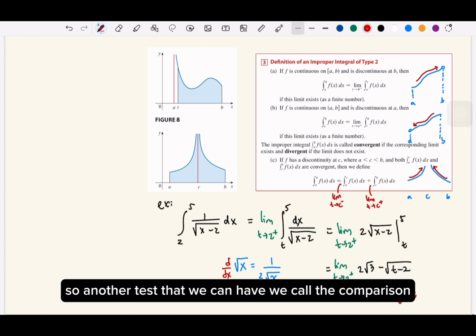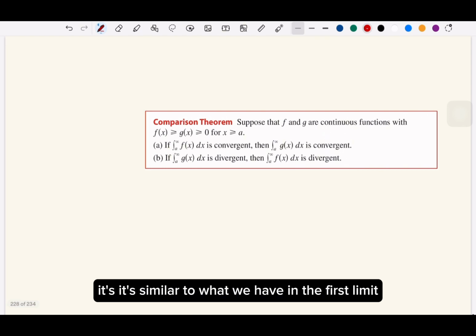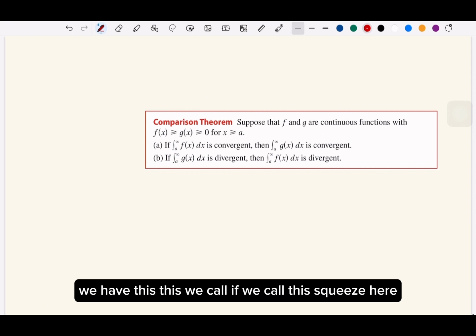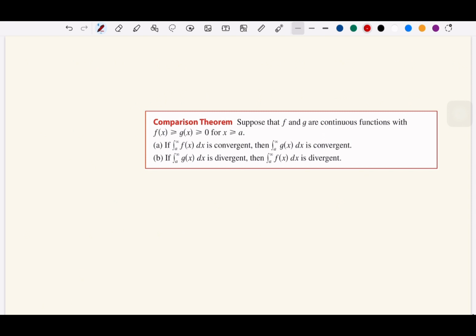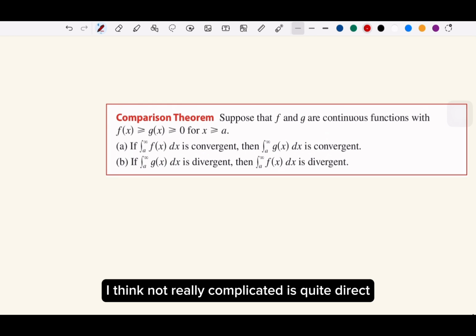So another test that we can have is called the comparison. It's similar to what we have with the first limit, the squeeze theorem, right? But this is, I think, not really complicated. It's quite direct. So this is the comparison theorem.